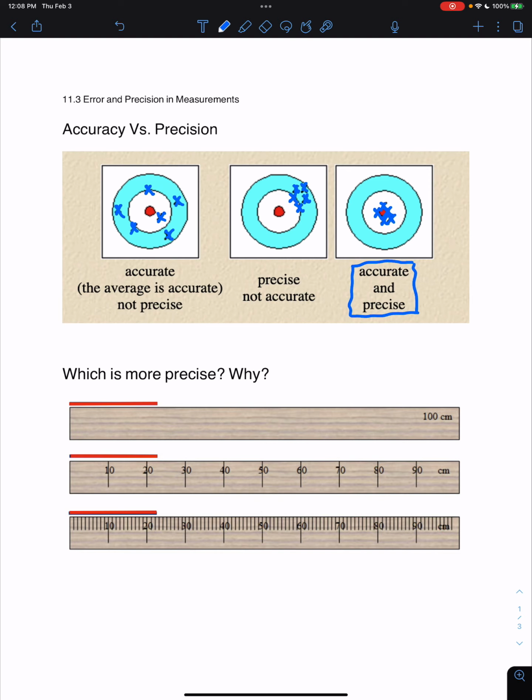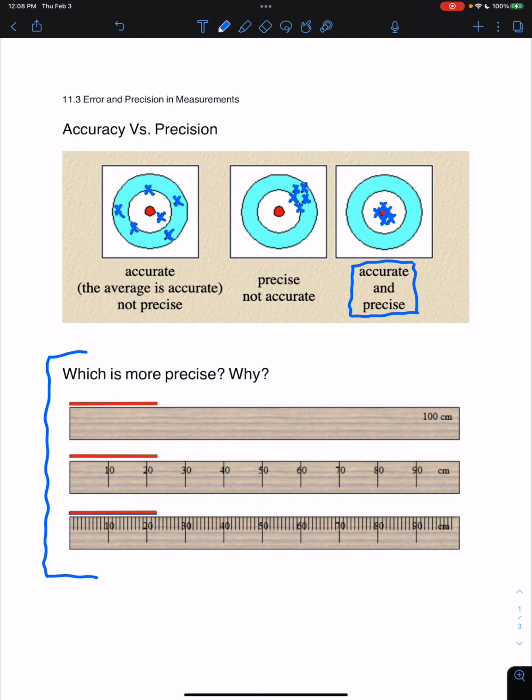So let's take a look down here at my example with these length measurements. Talking about precision, we can measure things in lots of different ways, but we want them to be as precise as possible.